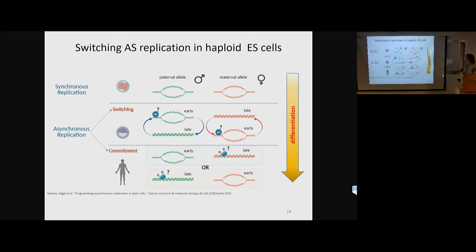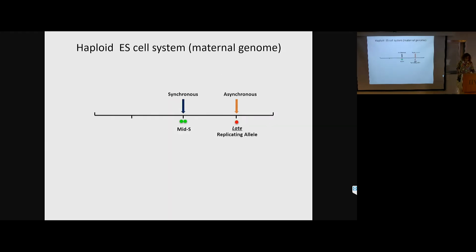At one time, the paternal allele is the early, but once the cell divides, the maternal allele is early. So here I show you one experiment that we did to show that the switching is a chromosomal decision, and you don't need other chromosomes to remind it what to do.